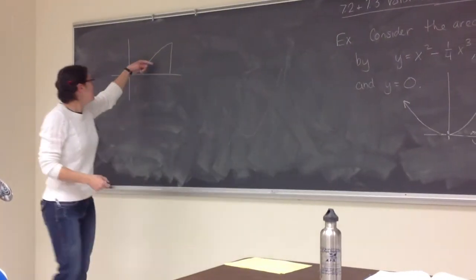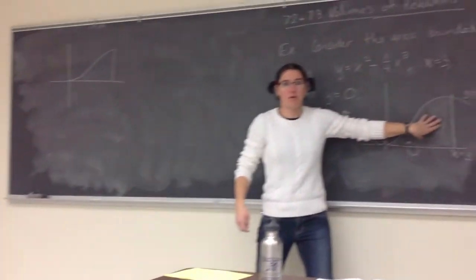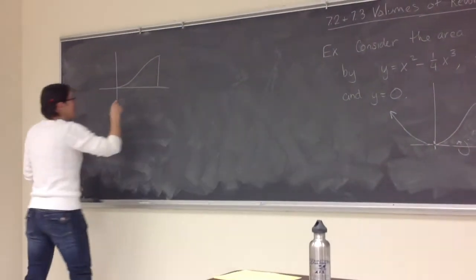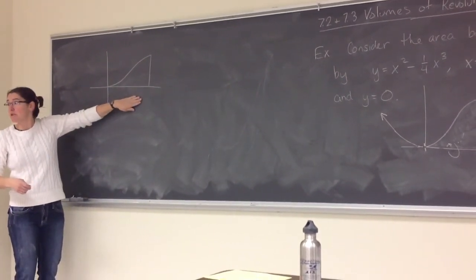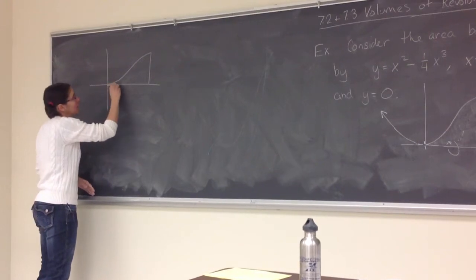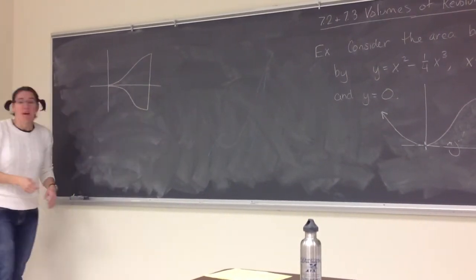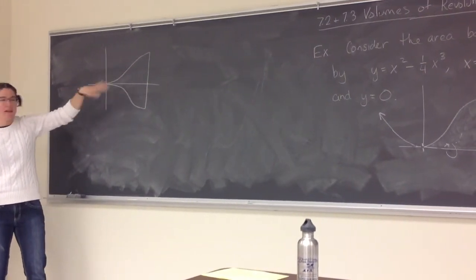Okay, so I've taken this curve, and I've just taken the portion of it that I care about, the portion that has to do with the colored area here. And I want to rotate around the x-axis, so it's going to come out of the board, pop back, and make a mirror image on the other side of the x-axis. Right now this is a flat picture, but I actually want to imagine rotating this thing around.